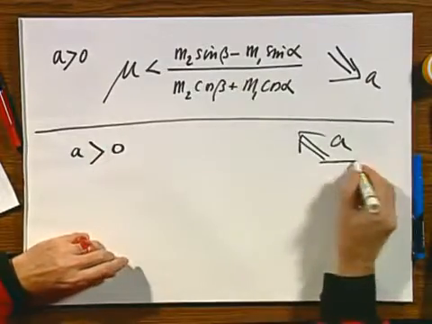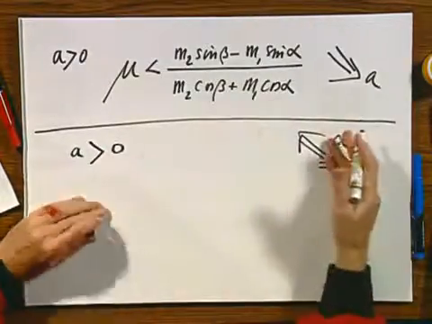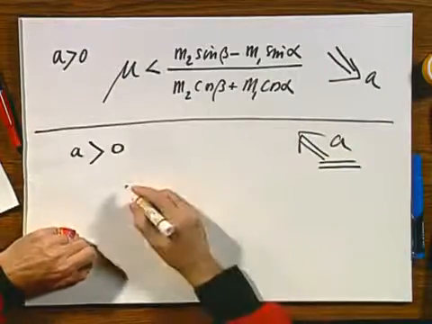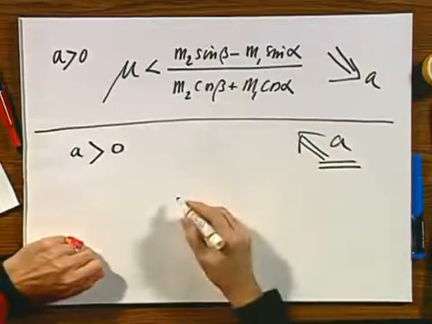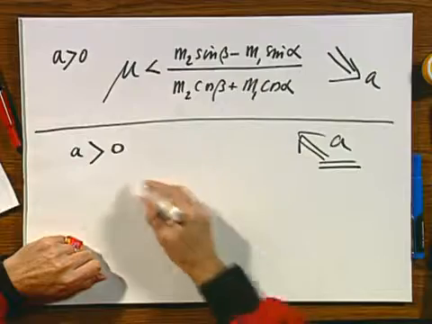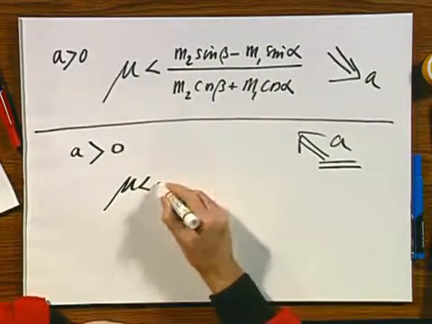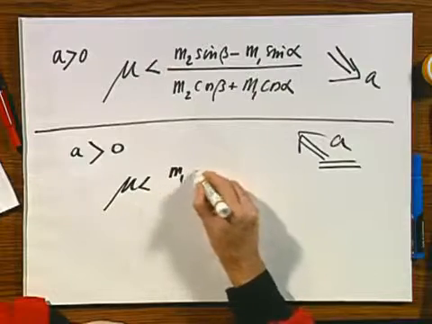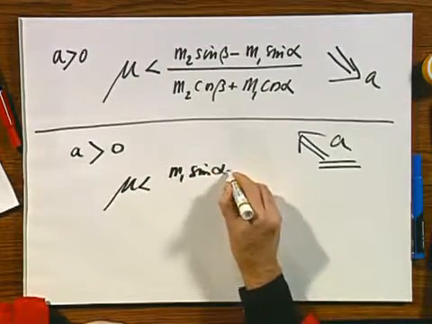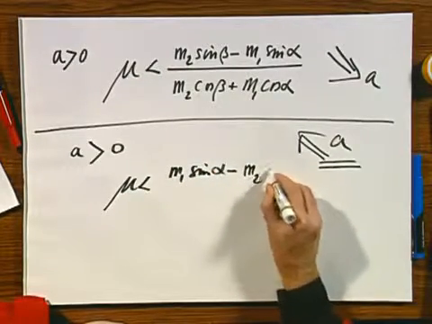Otherwise, my assumption would have been wrong, and my frictional forces would be in the wrong direction. Now, when I do that, I find a different criterion for mu. I've expressed it in terms of mu. And now I find M1 sine alpha minus M2 sine beta.